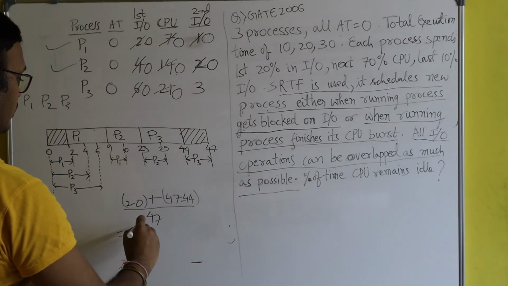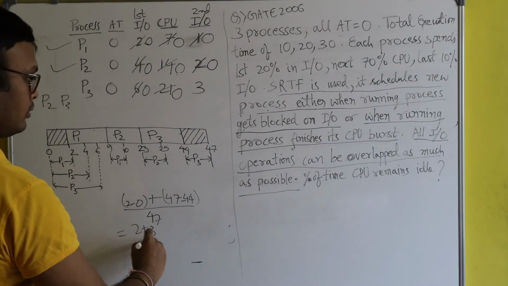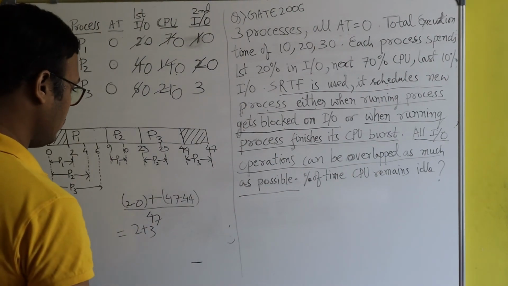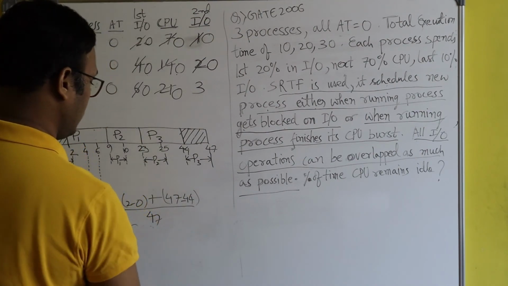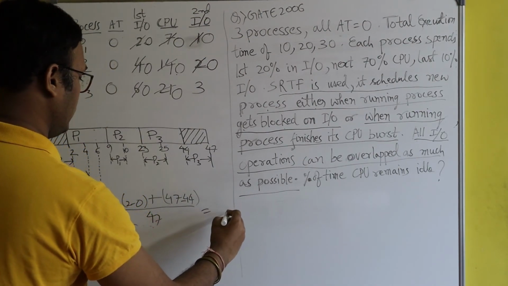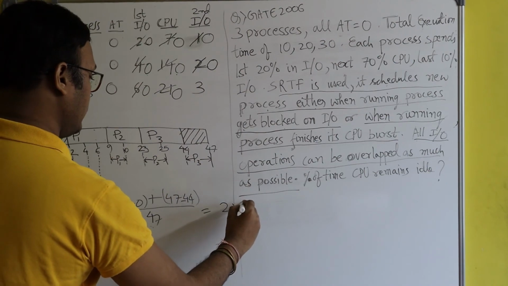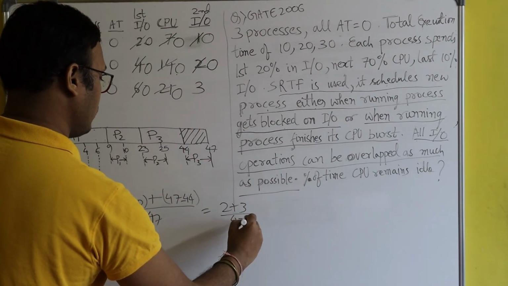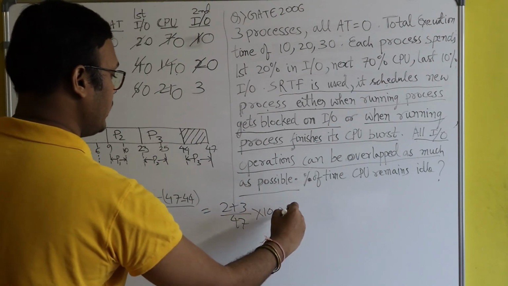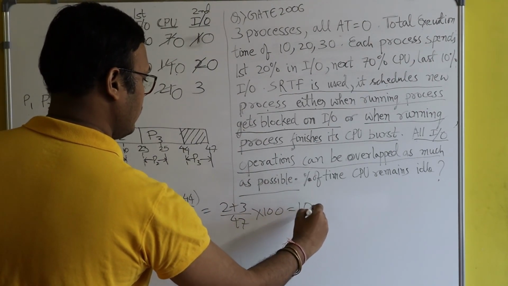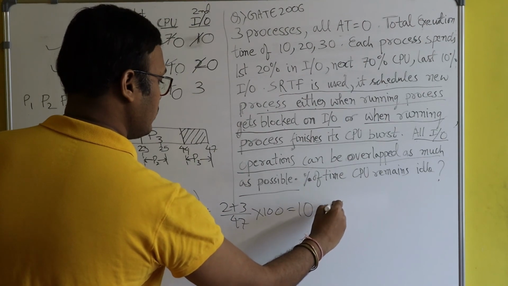It means 2 plus 3 by 47. Just convert it into percentage: 5 by 47 into 100 is 10.6%.